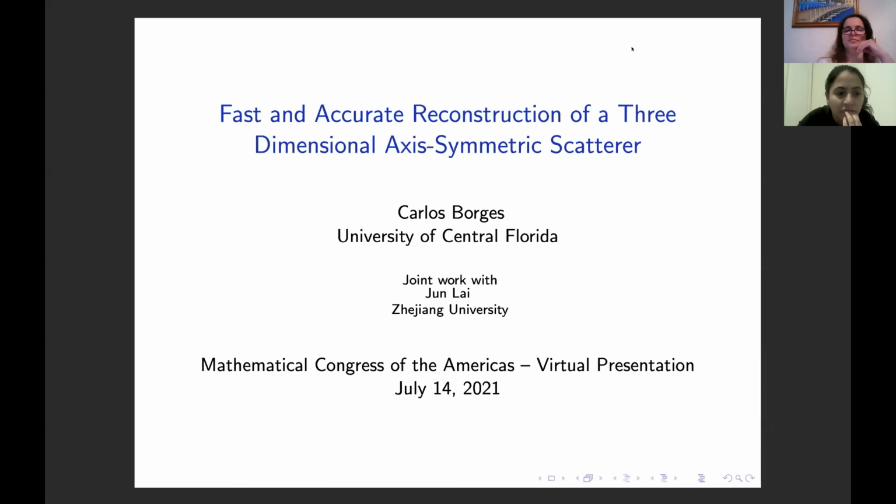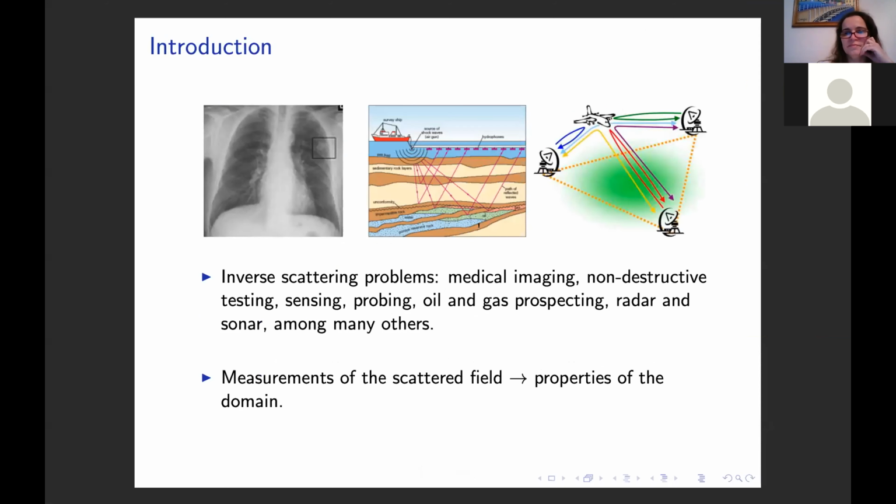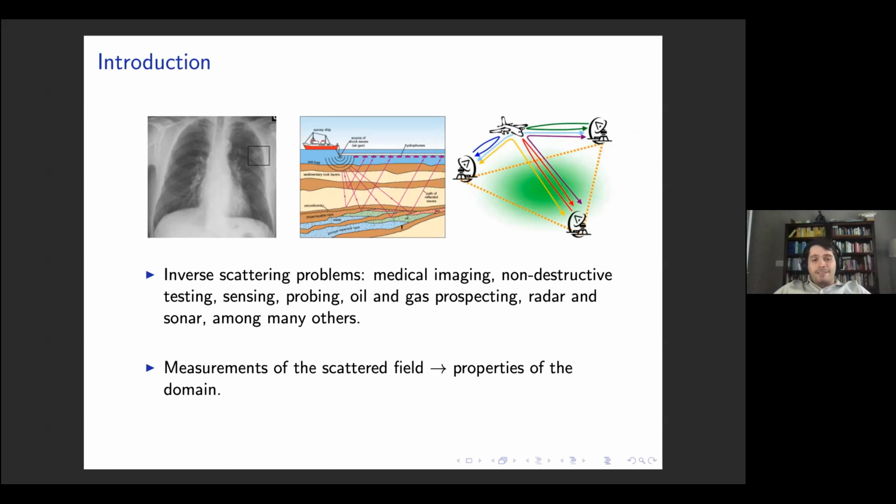As I said, it's a joint work. In this talk, I'm interested in inverse scattering problems, where you have measurements of a scattered field.